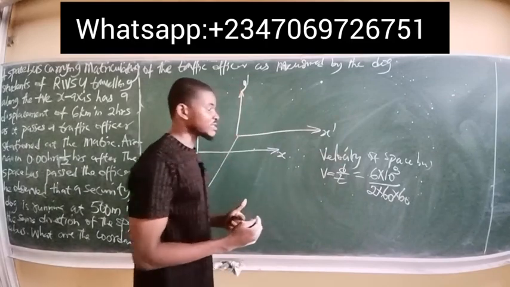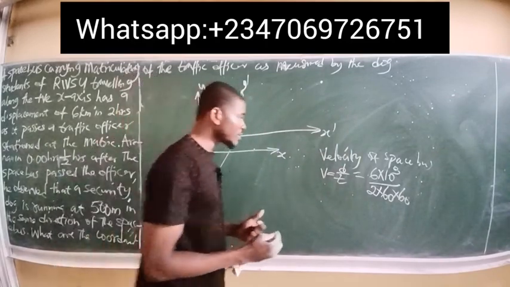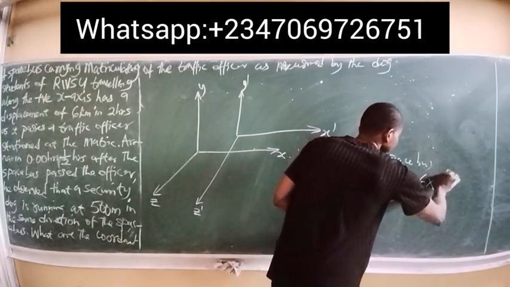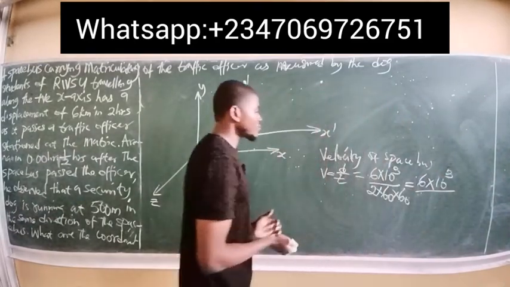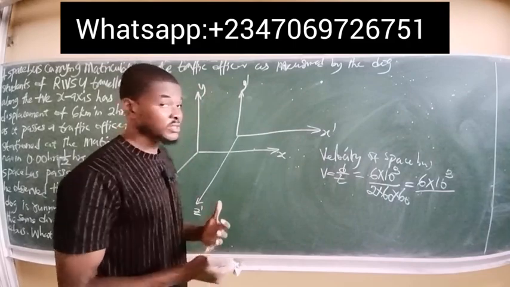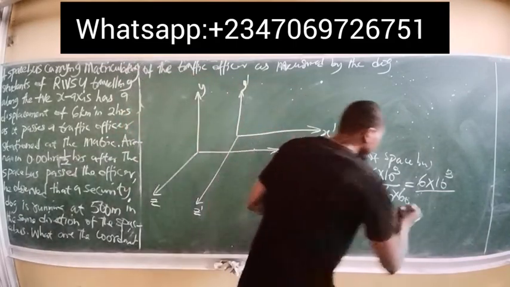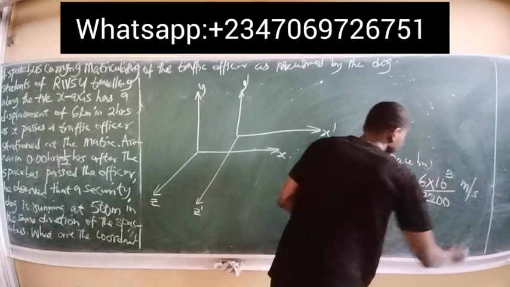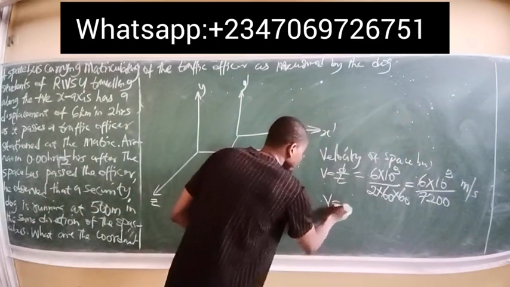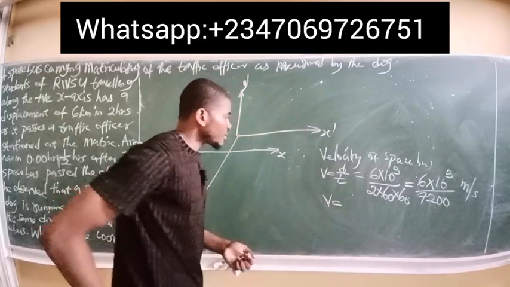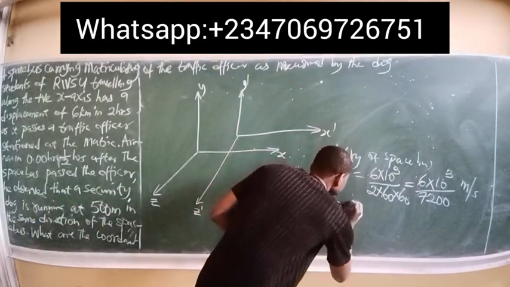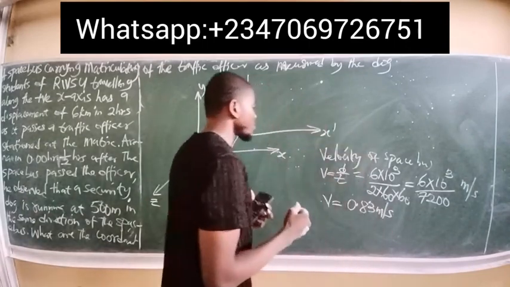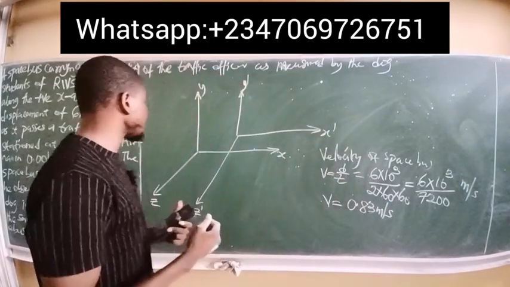This is equal to 6 by 10 to the power of 3 divided by 7,200, which is now in meters per second. That gives us 0.83 meters per second. So this becomes the velocity of the space bus.